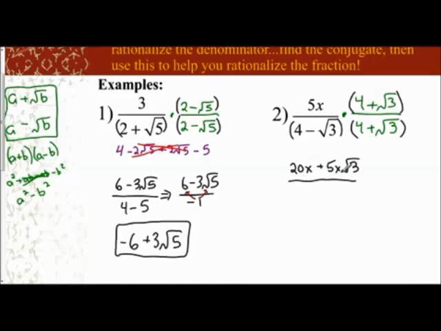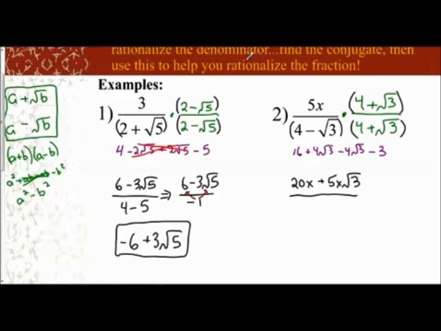Distributing the bottom involves a little thinking at first, and then we'll probably see a shortcut in the next example set. What you do is you take 4 times 4, and that gives me my 16. I take 4 times radical 3, and that's positive 4 radical 3. Negative radical 3 and 4 is negative 4 radical 3. And negative radical 3 and positive radical 3 is a negative 3 because the radicals just cancel.